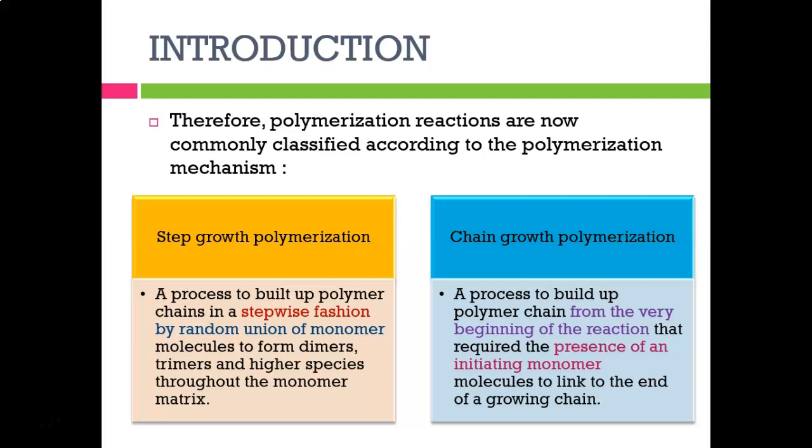Hence, the chain growth polymerization process can produce high molecular weight polymer at the beginning of the reaction, compared to step growth polymerization, which produces high molecular weight polymer only at the end of the reaction. So step growth will take quite a bit more time compared to chain growth polymerization.